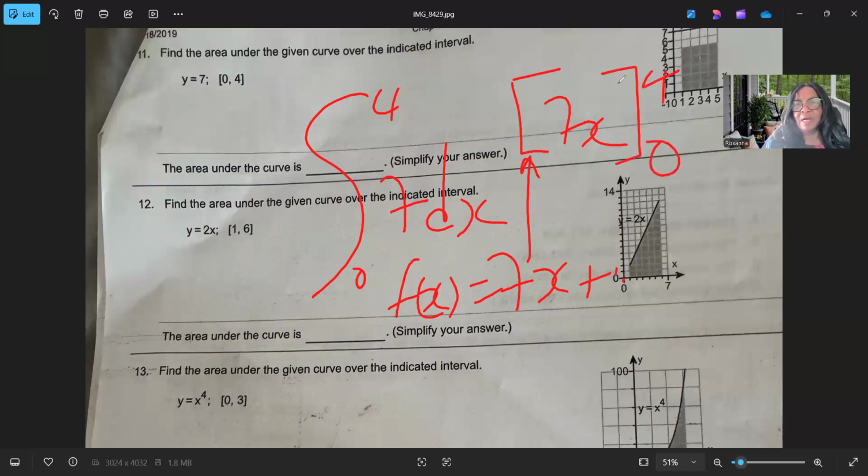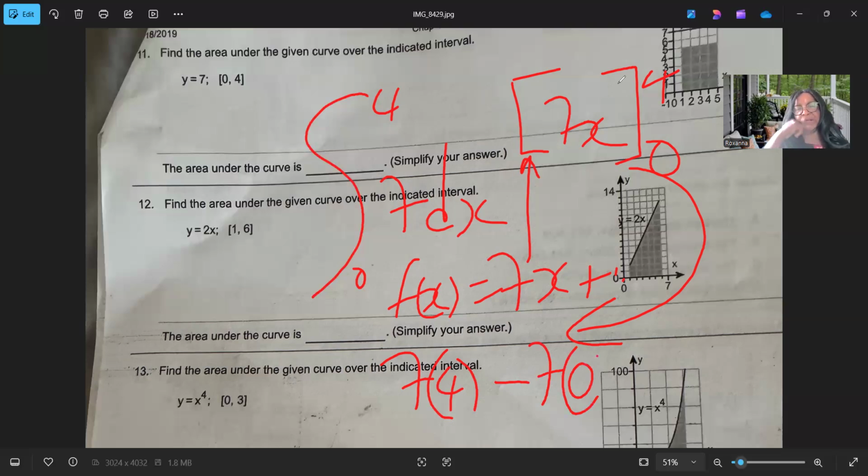All right, so now I am going to evaluate the function 7x from 0 to 4. That's a linear function, so I can just rewrite it down here. I will evaluate 7 substituting 4, minus 7 substituting the lower bound.